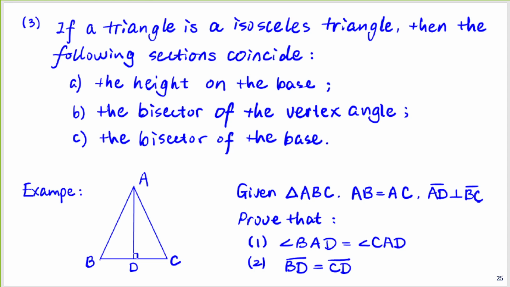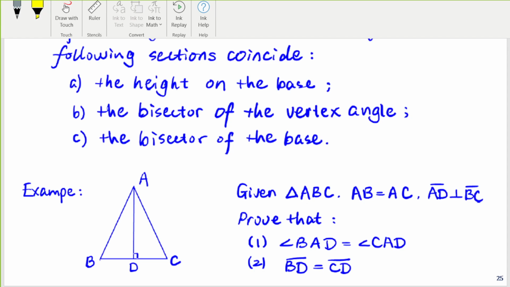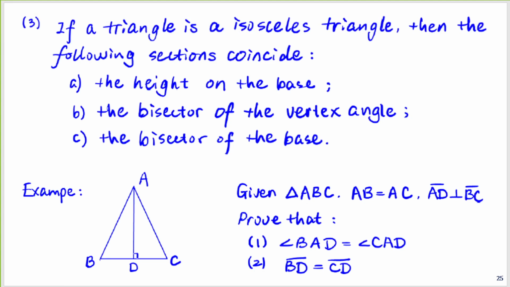Which means in the following example, given triangle ABC, AB equals AC, AD is perpendicular to BC, can you prove angle BAD equals angle CAD and BD equals CD? So again, I should not use a bar here.